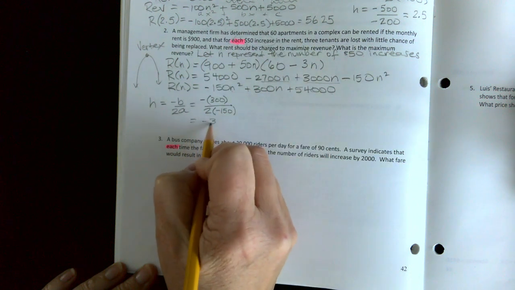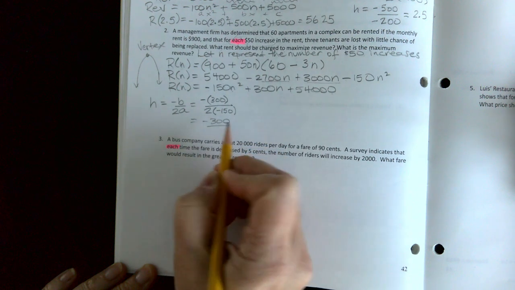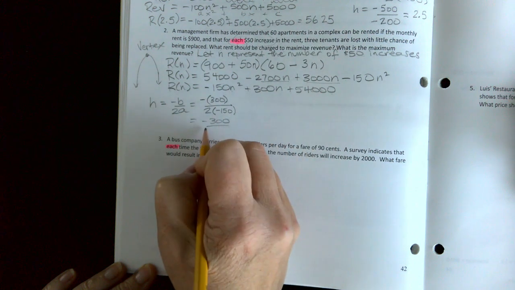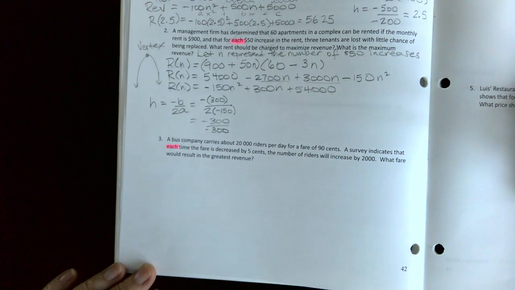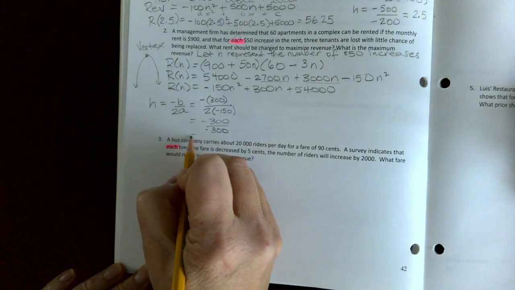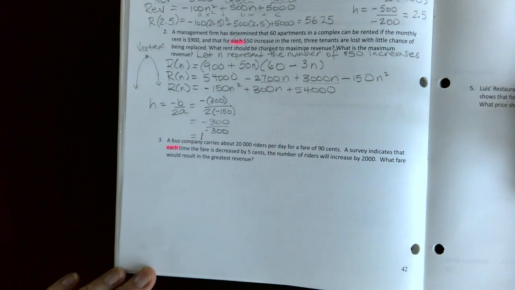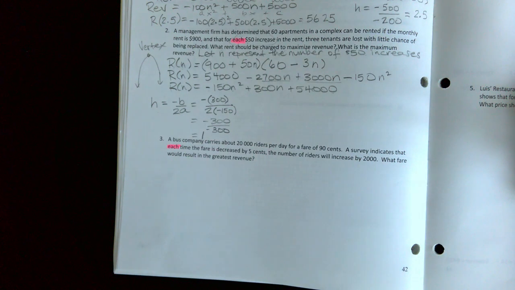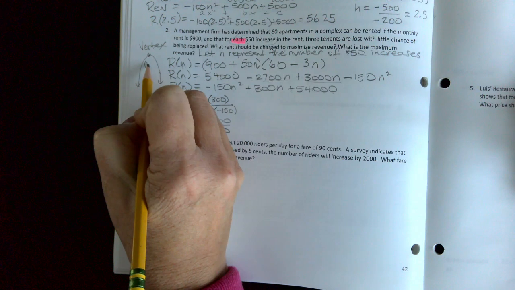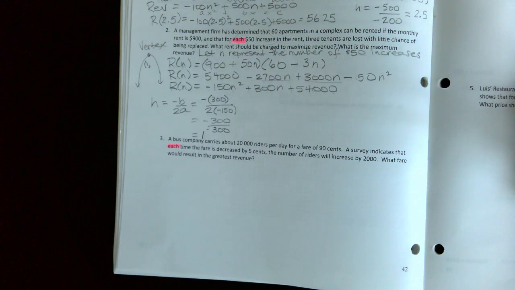So that simplifies to negative 300 over, what's 2 times negative 150? Also negative 300. Negative 300 divided by negative 300 is 1. Okay, so what does that mean? We have found the first coordinate of the vertex, and it's 1.